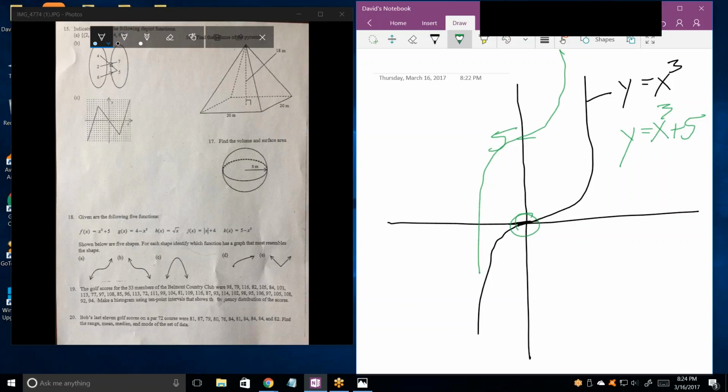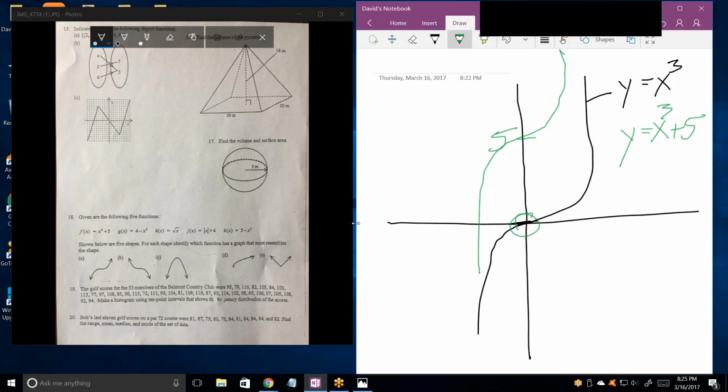The shape is going to look the same. The only difference is shifted up by 5 units. I don't know without a grid. So that has to be f of x, A.